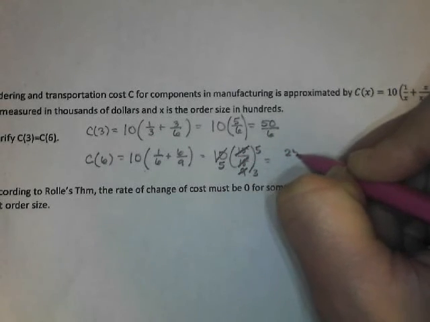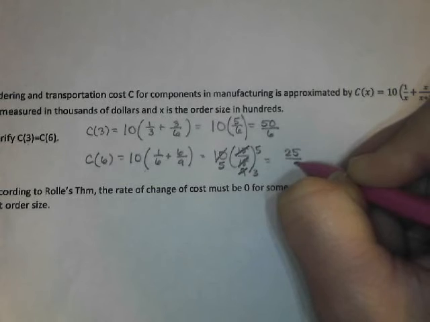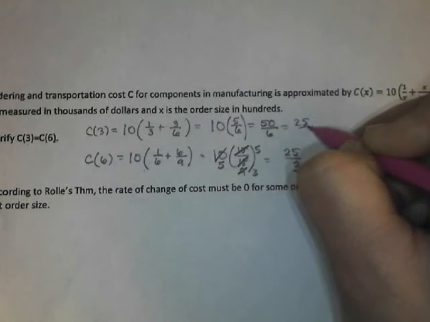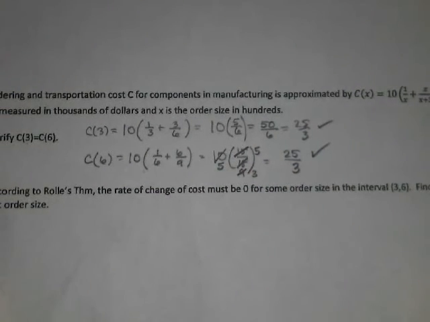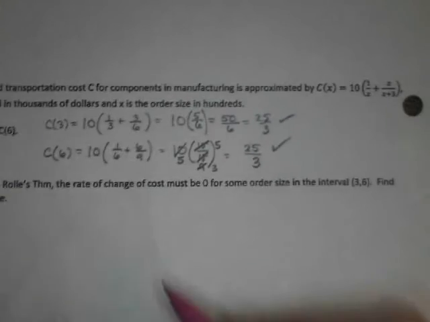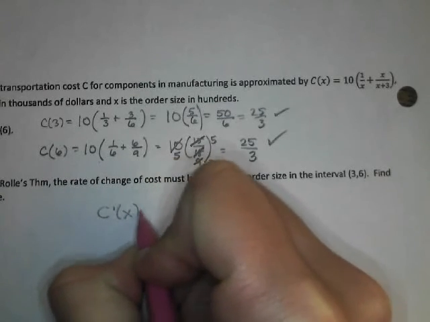Okay, and then find the order size for which the rate of change of the cost must be 0. So C prime of X equals. What are we going to do here for our derivative? What method do we want to tackle this with?